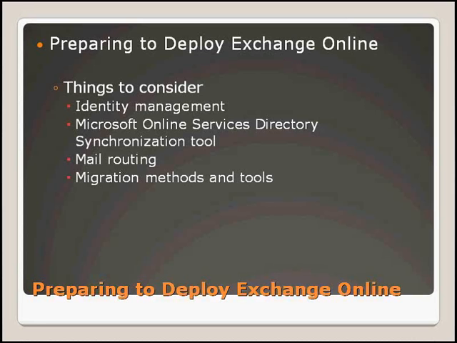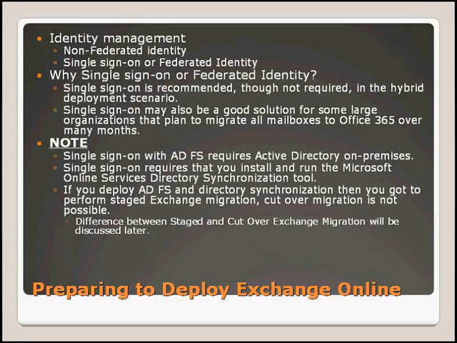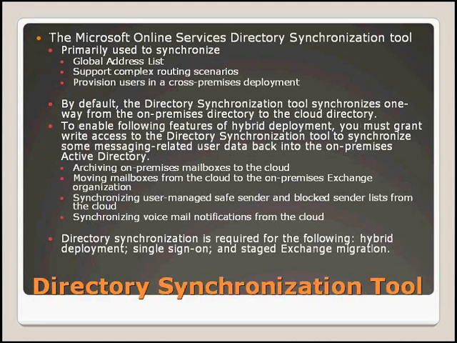So the next part we need to come across is what DirSync basically is. If you ask me to list the primary usage of DirSync, it's to synchronize the global address list.